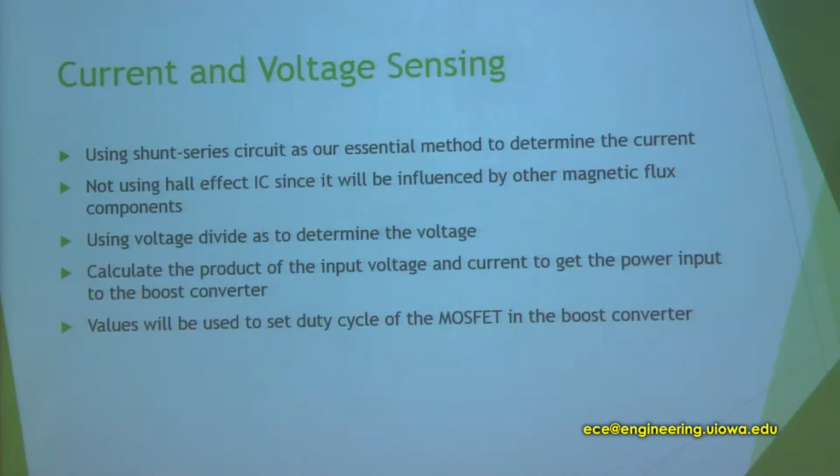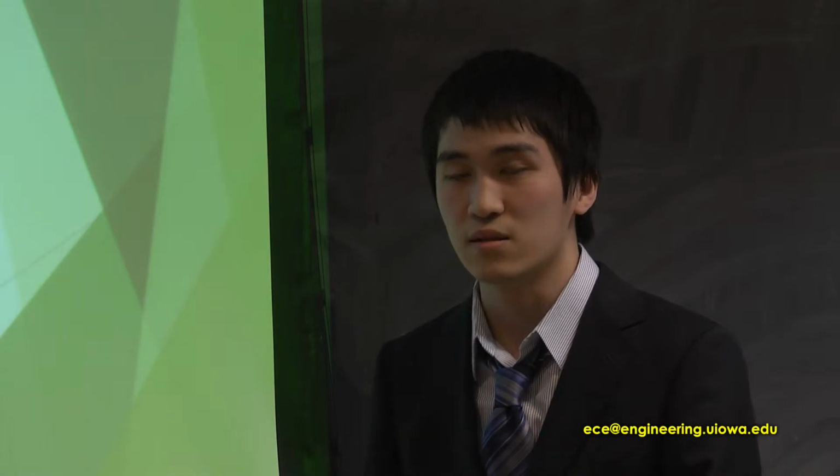There's a very big issue for us in sensing the current and voltage. Our original plan was to use Hall effect sensors, which use a magnetic way to get the current, but it doesn't quite work because it is affected by other magnetic flux components.